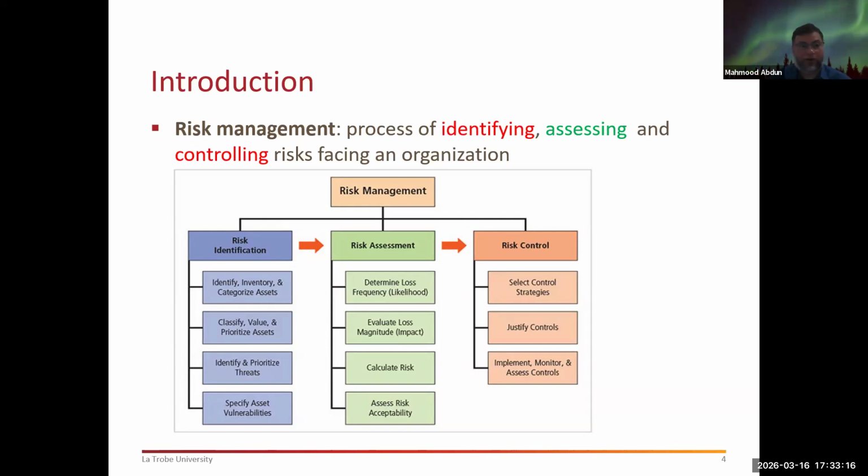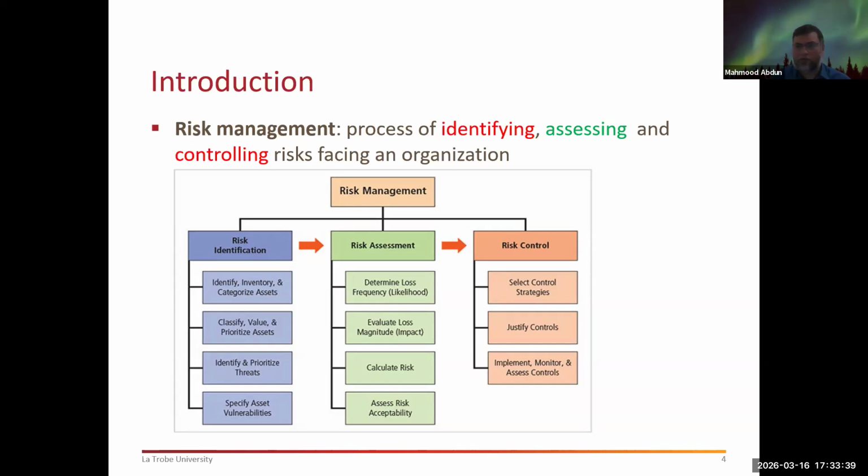This is required for the next part, the risk assessment process, which can be a combination of qualitative and quantitative risk assessment. We'll be looking at the quantitative aspect of it as well as the qualitative part of it. So here you can see we're determining the loss frequency. This is a quantitative metric. This is the likelihood.